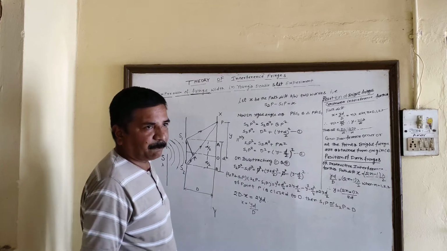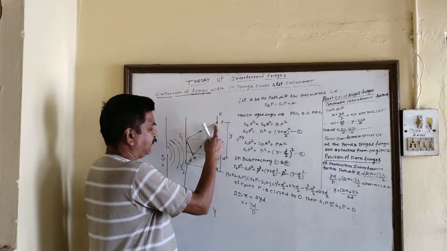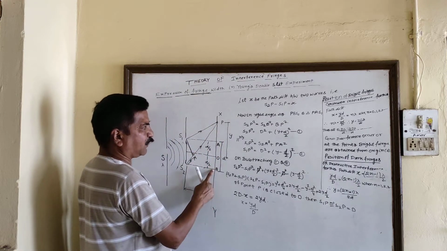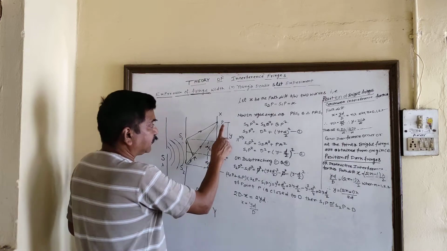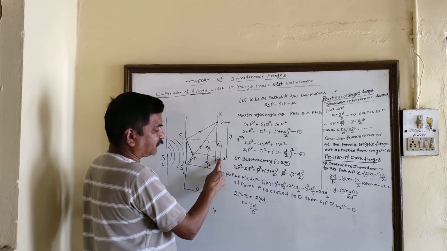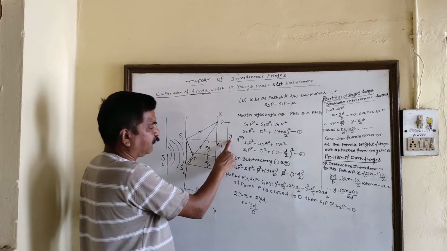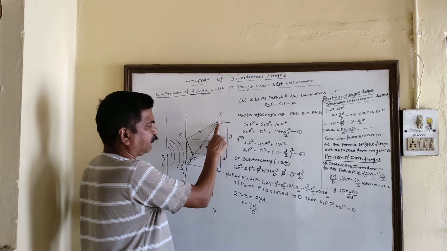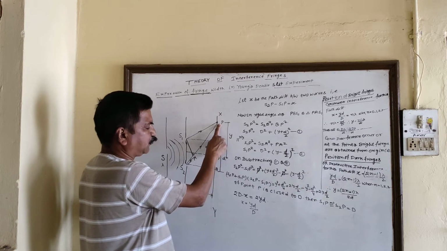Now, by applying the Pythagoras theorem, you get S2P square is equal to S2B square plus BP square. The distance of point P from the center of the screen is given by y. Y is the distance of the point of observation where we are going to achieve the interference pattern of the two waves.